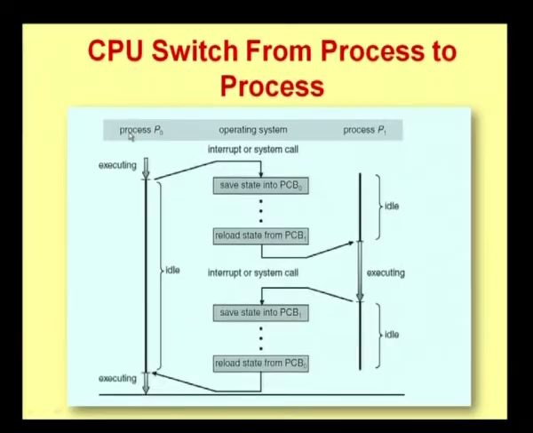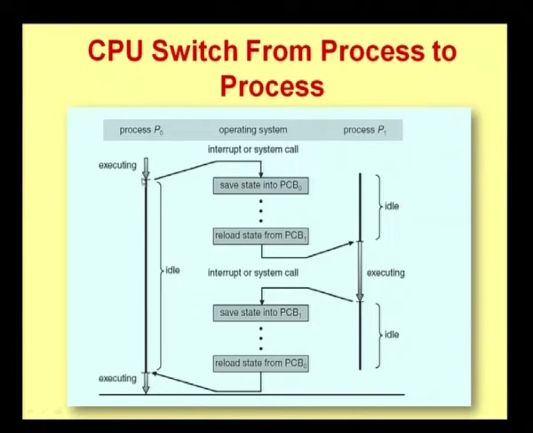We will see this on a diagrammatic basis. So here let us consider this is process P0, this is process P1, and we have an operating system. At first we will start executing process P0.